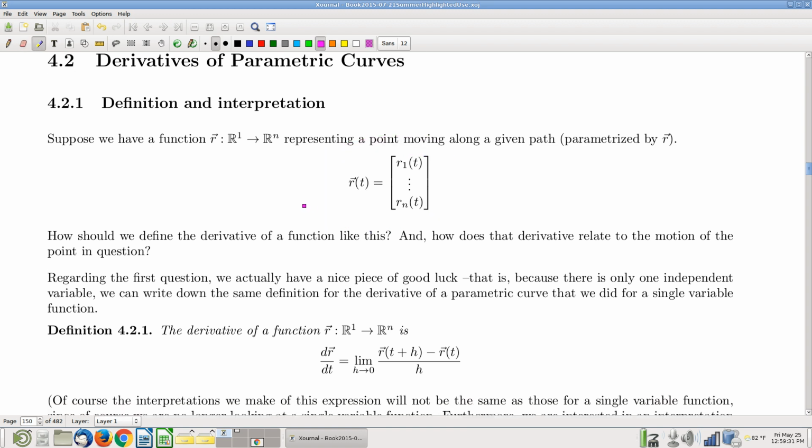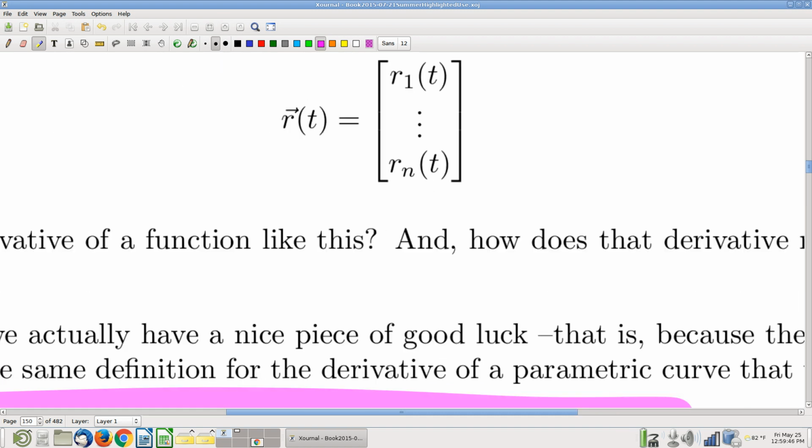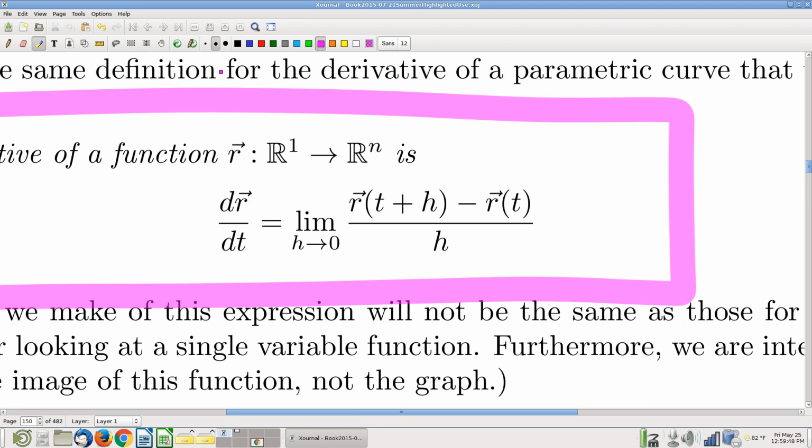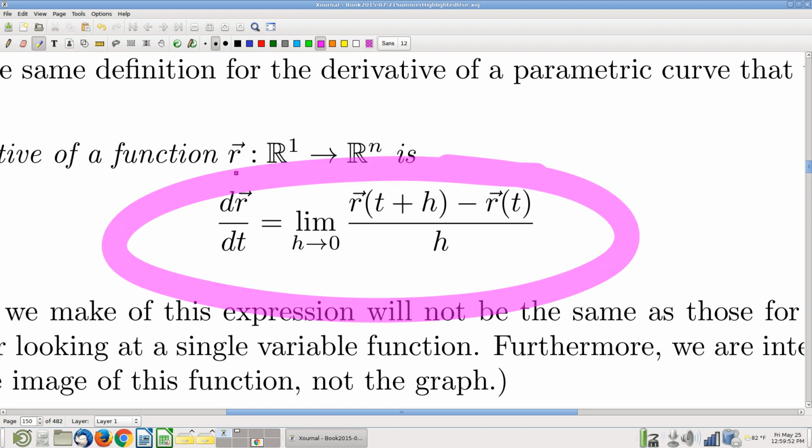And so with that in mind, we're going to define a derivative of a parametric curve like this. And note how familiar this looks. It's like it's straight out of a Calc 1 textbook, right? Hope that looks familiar to everybody.